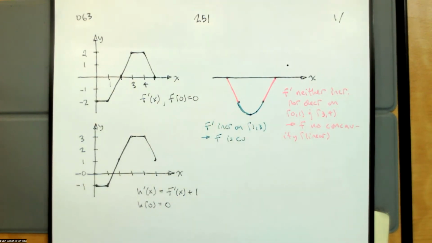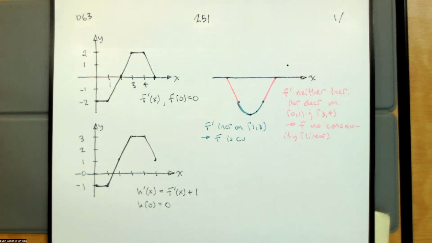F prime is increasing on the interval from 1 to 3, so the function is concave up on the interval from 1 to 3. From 1 to 2, we see a graph that is decreasing and concave up, and from 2 to 3, we see a graph that is increasing and concave up. So there's concave up over that entire interval from 1 to 3, but decreasing from 1 to 2, increasing from 2 to 3.